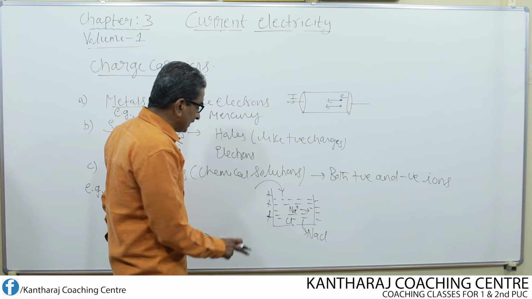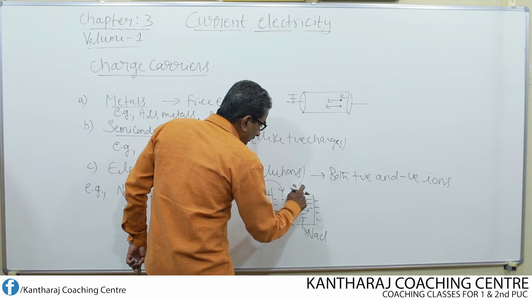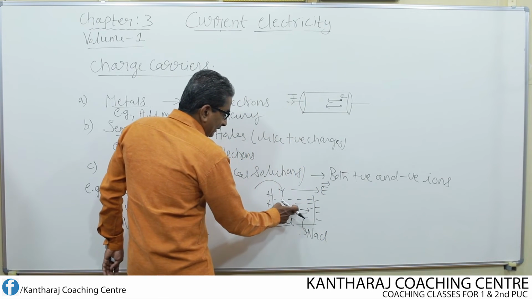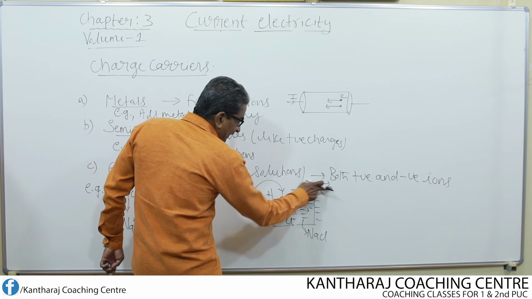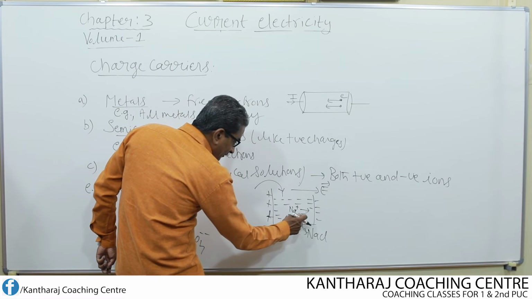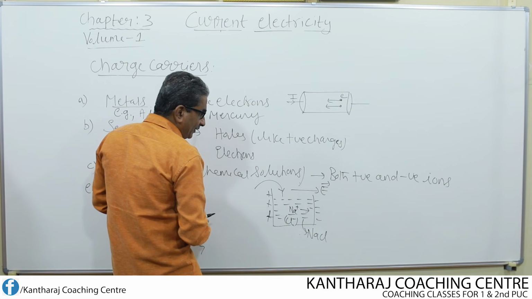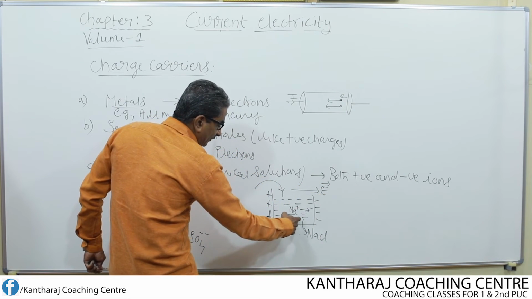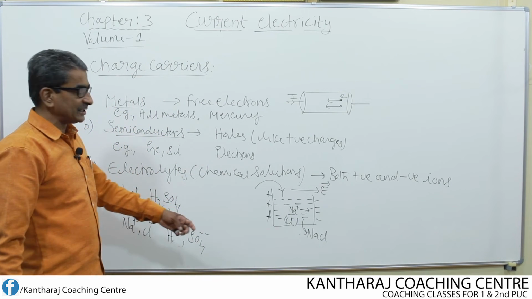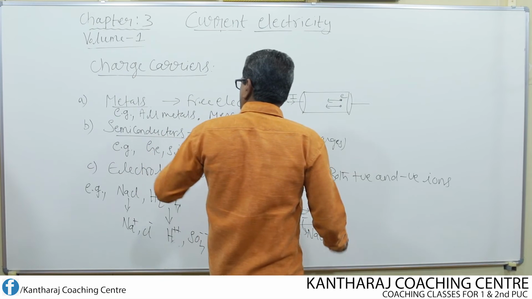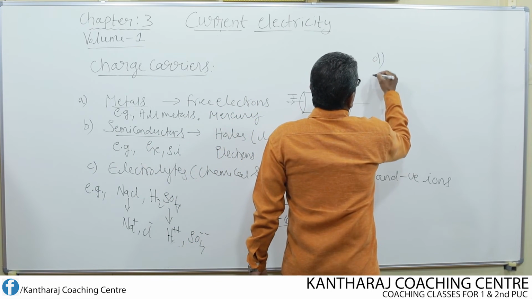The direction of the electric field is from positive to negative. So the positive ion moves in the direction of the electric field, whereas the negative chlorine ion moves opposite to the electric field. Then coming to the next charge carrier, it's nothing but gases.